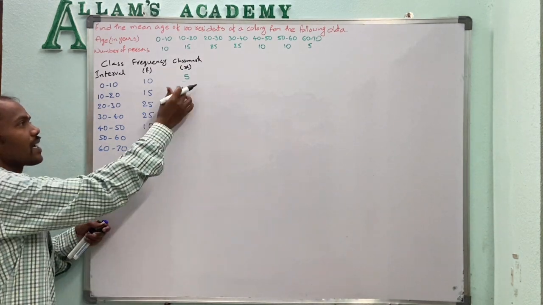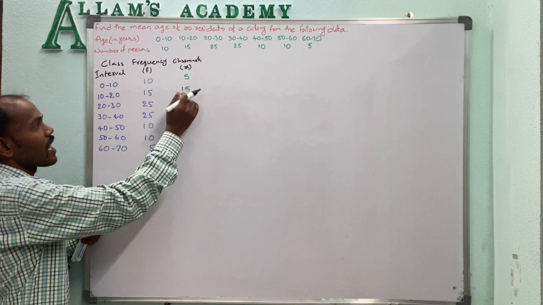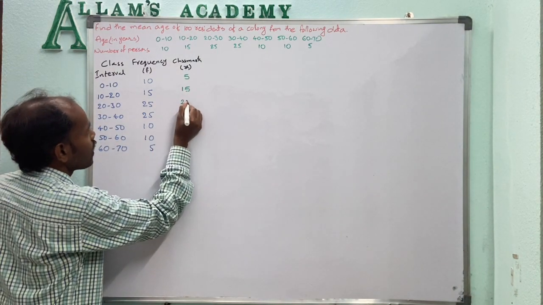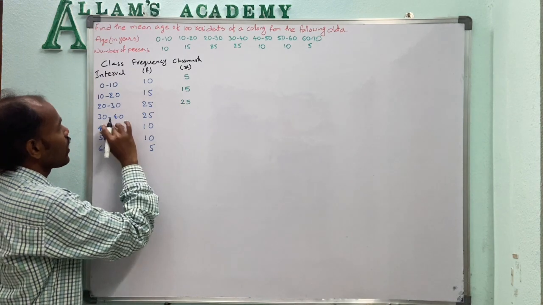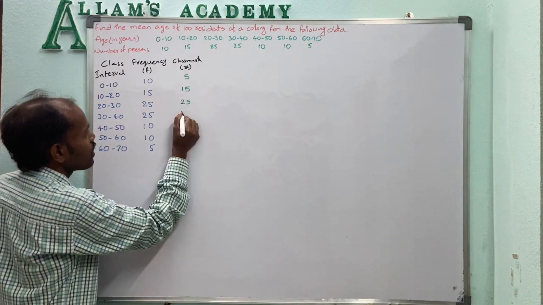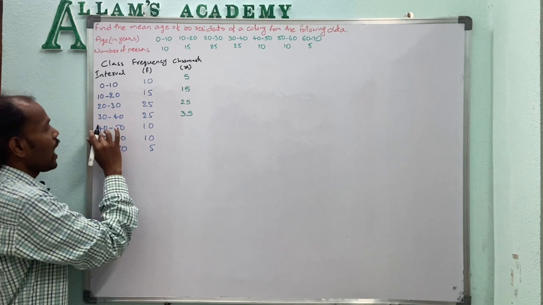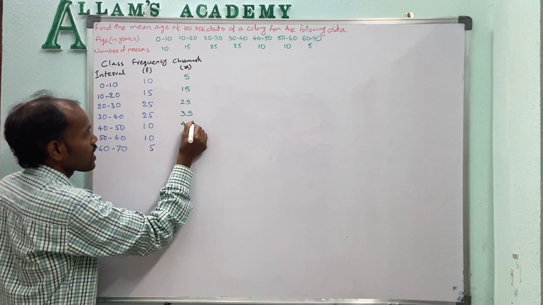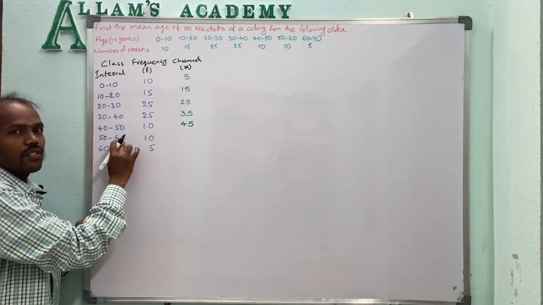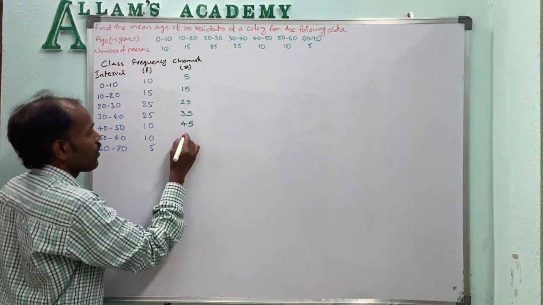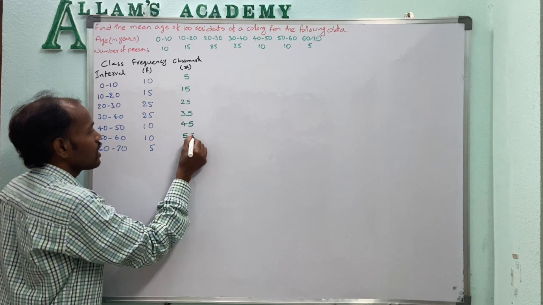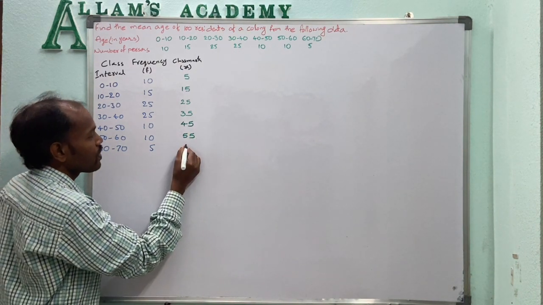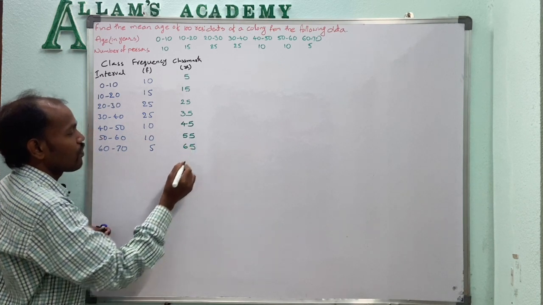So we can directly write the remaining class marks: 25, 35, 45, 55, and 65.